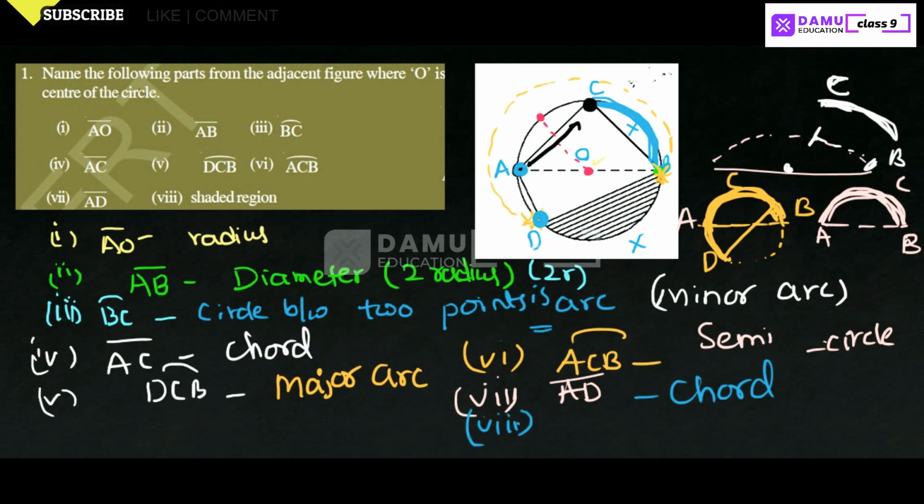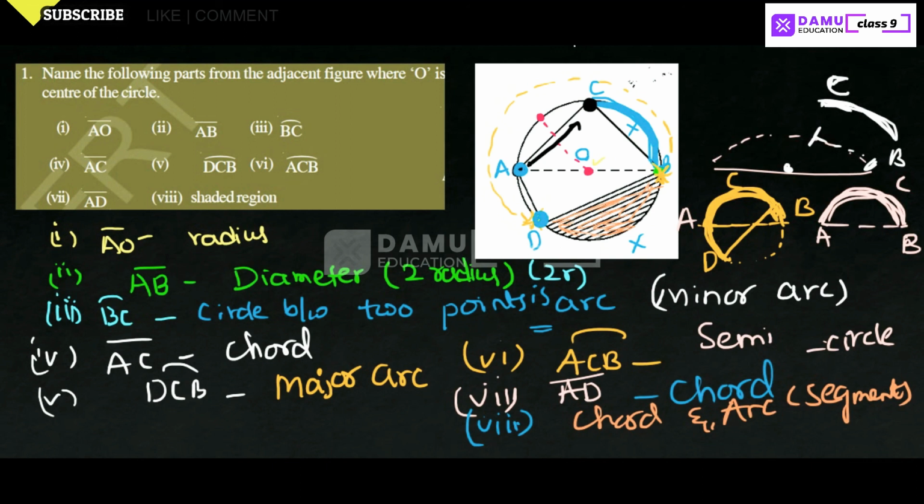Eighth one is the shaded region. What they are asking is, this whole shaded region is the combination of one chord and an arc. The region between an arc and a chord we take as a segment.